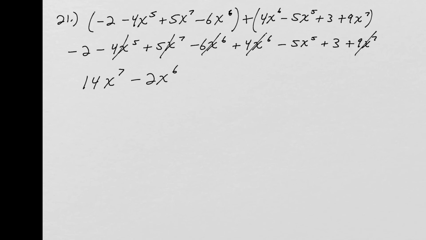So negative 4x to the 5th minus 5x to the 5th. So negative 4 plus a negative 5 is negative 9x to the 5th. And then finally, the constants. Well, negative 2 plus 3 is just a plus 1. So 21 should be, it looks like B. Yeah, 21 is B.